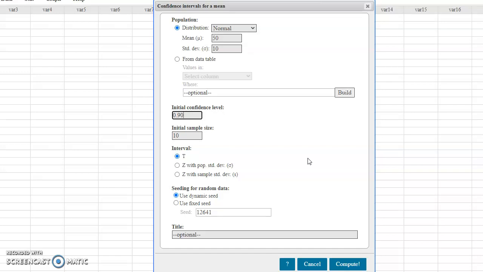Using that, it calculates the margin of error, and then the upper and lower limits for the t interval. In our first example, we're going to use a confidence level of 90%. So let's do it.